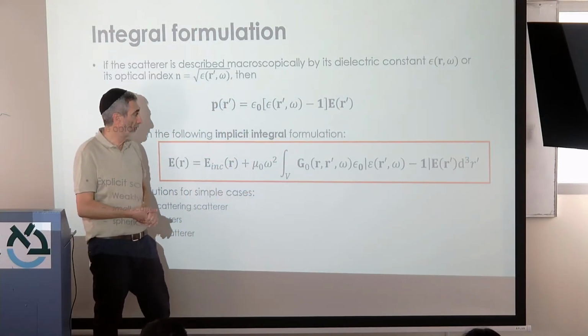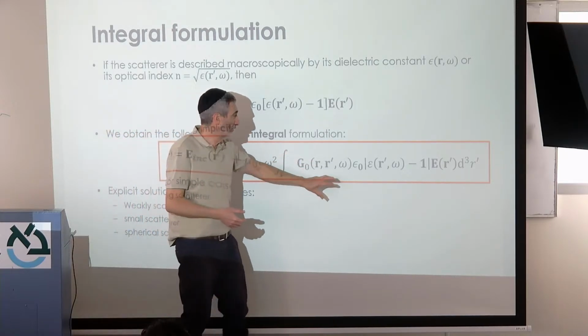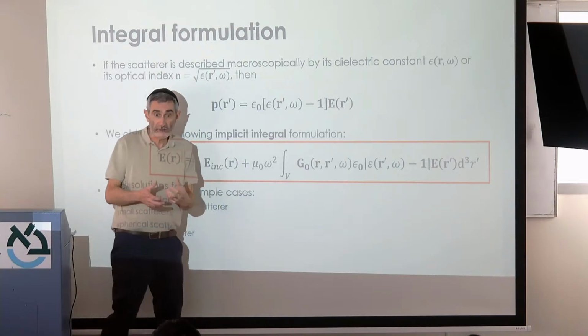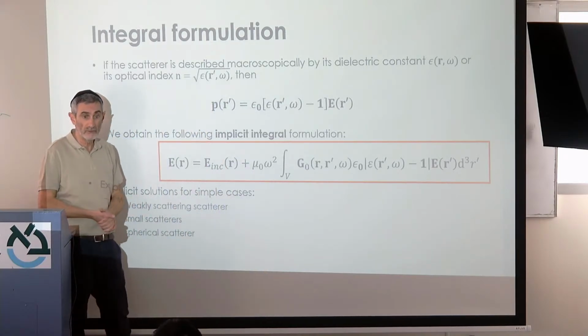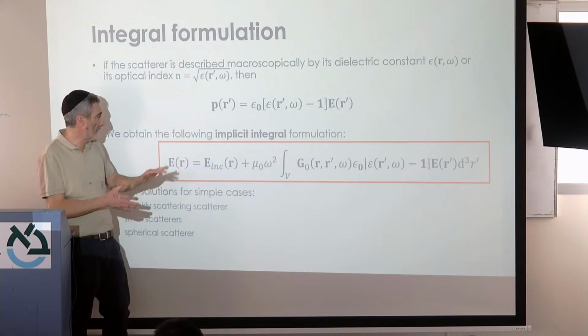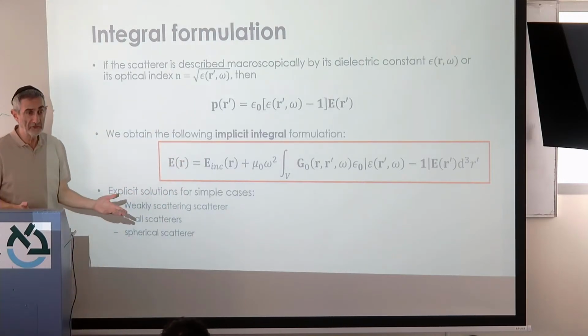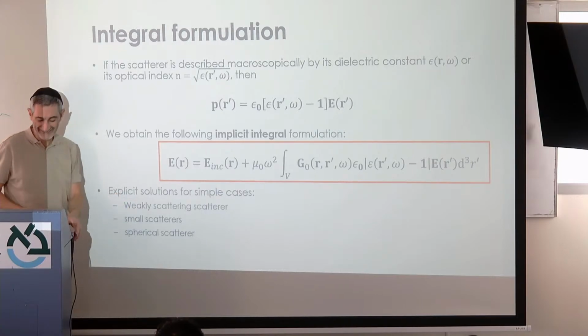But the scattering is due to the polarization field inside the medium, inside the scattering volume. All the physics is captured in this equation, but you cannot do much with it.